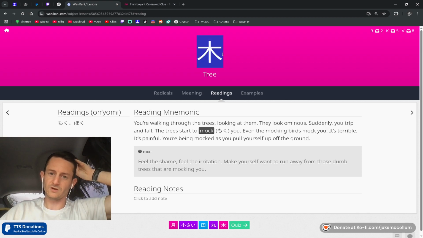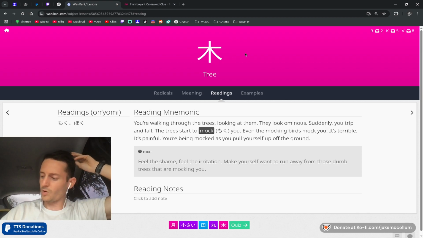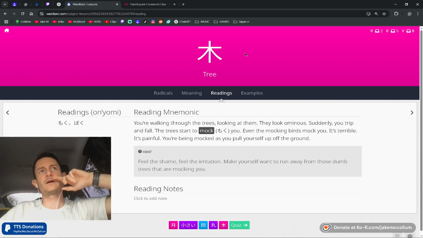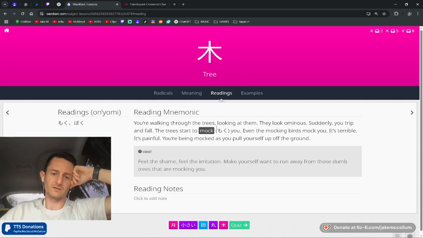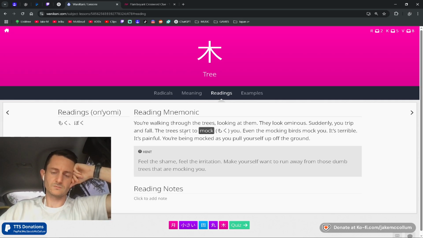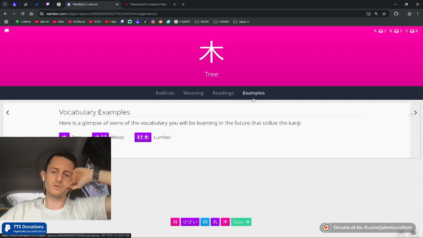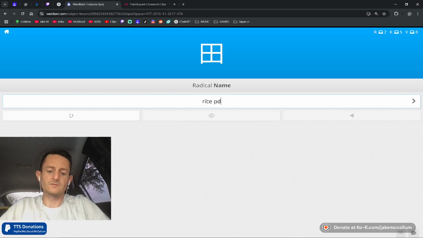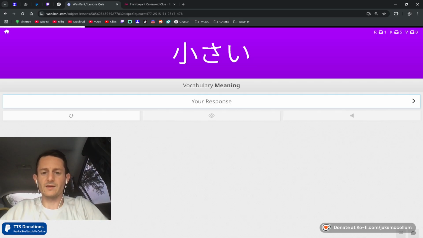Okay, so trees are not very nice, is what we have to remember. They are bullies. So tree is moku. Moku. They mock you. Moku. That is rice paddy. Okay, they gave it to me.